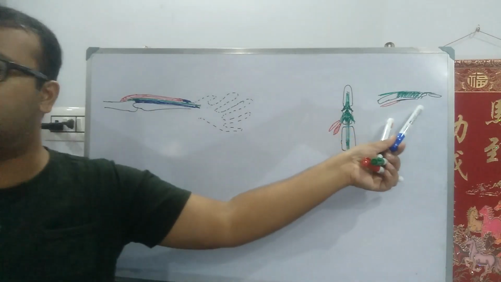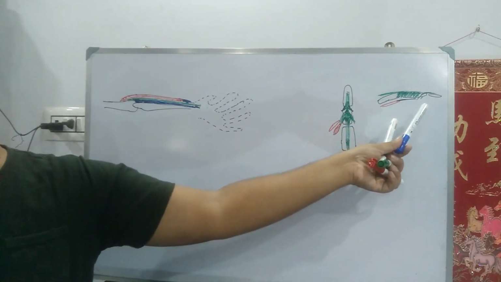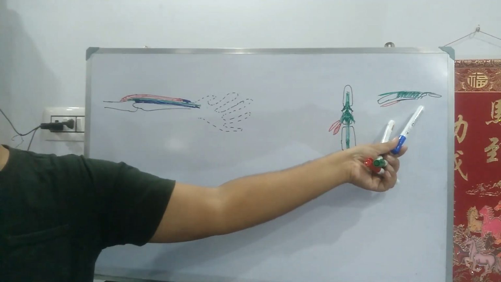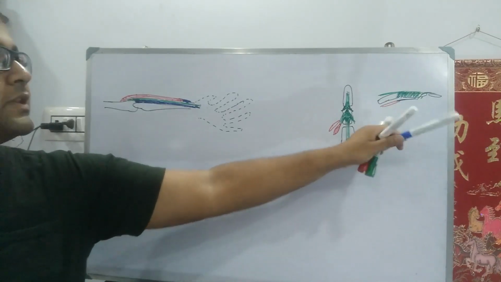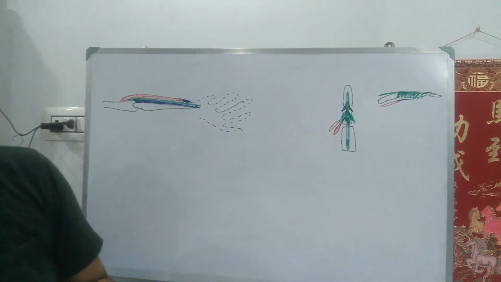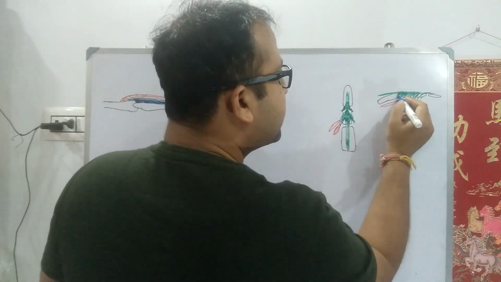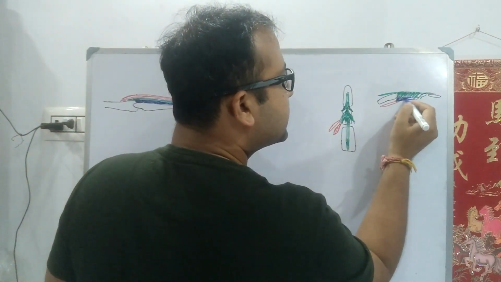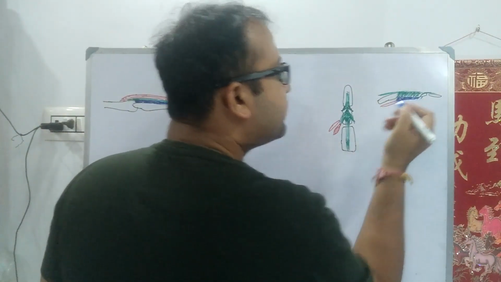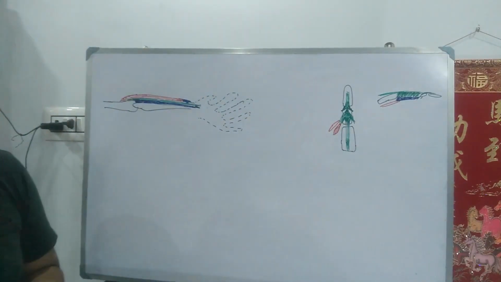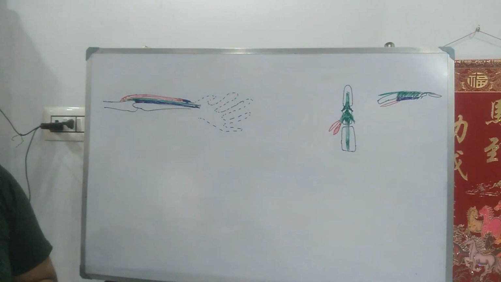Say for example, this is a palmar ligament, so it is connected to the palmar ligament over here. Clear? So this portion is going to form the palmar ligament. So let me make the palmar ligament over here like this. So it's connected to the palmar ligament. So this is how they are arranged over here.